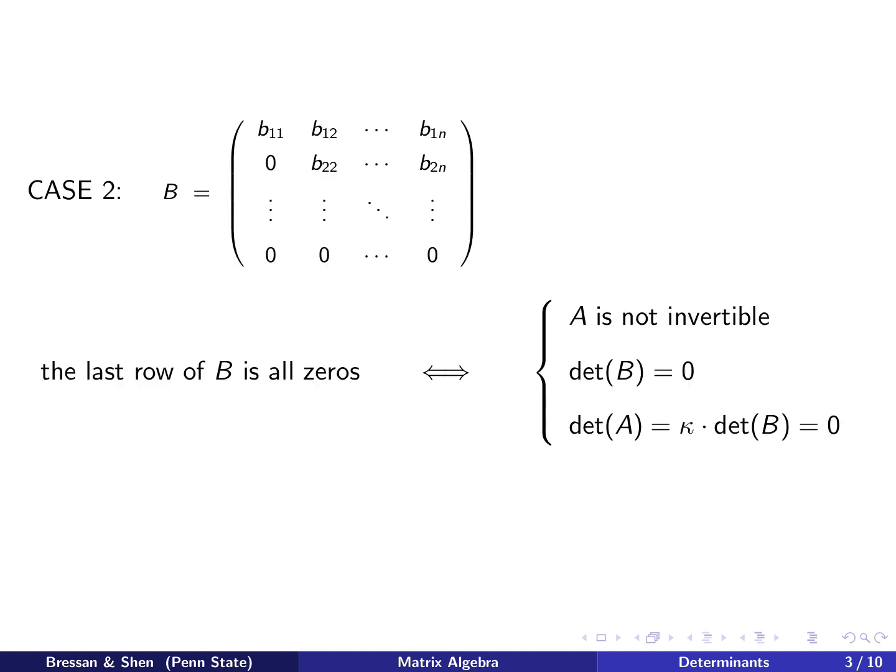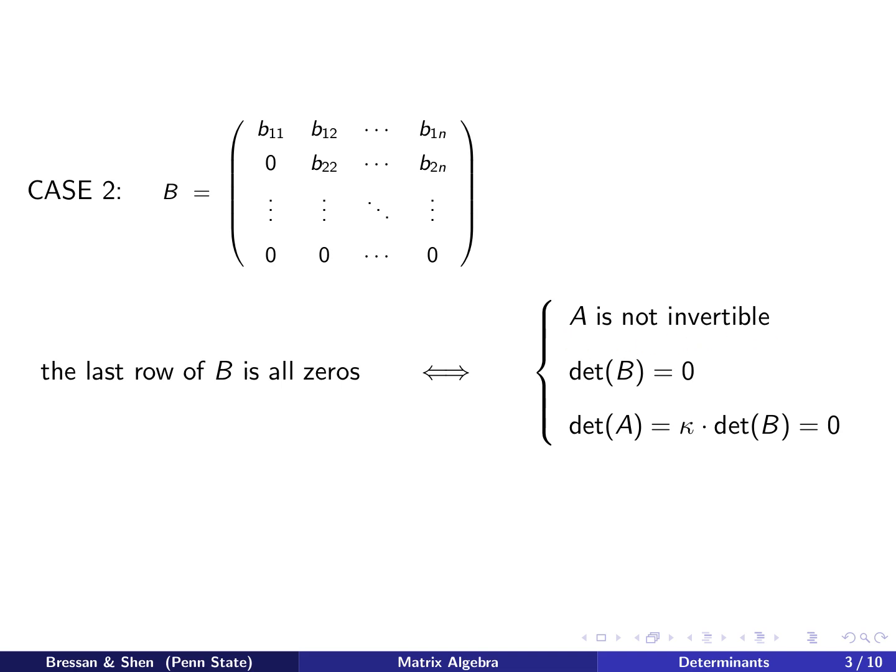And case 2 will be the case where it doesn't fit into case 1. That is, you will have the last row at least to be all 0. In particular, this diagonal element would be 0. In the process, we know that if we reach this state, then we cannot find an inverse for A. So A will be not invertible.